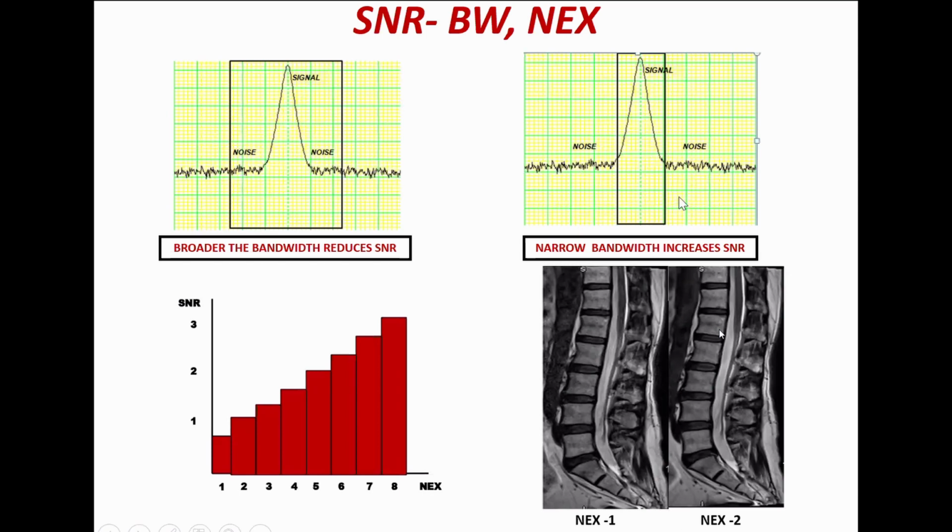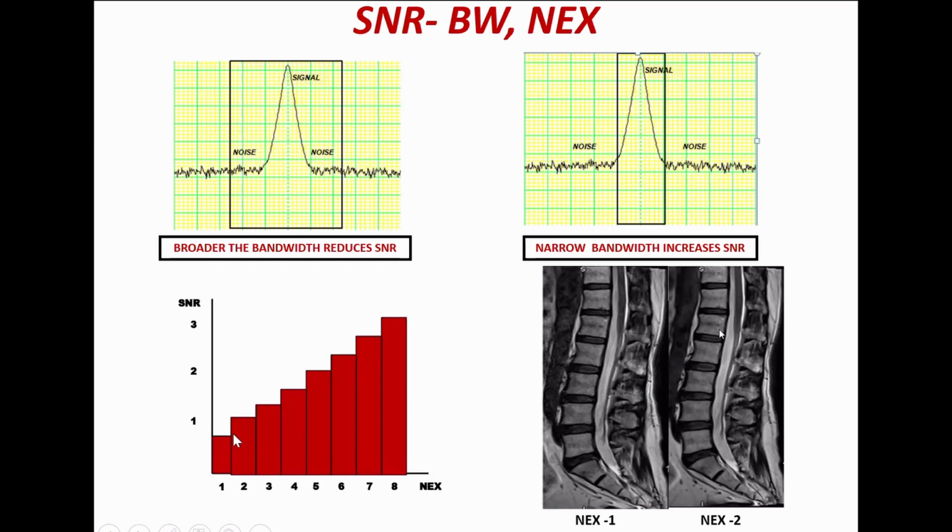So you need to have a smaller bandwidth. Whenever you're working on a system, try to choose the minimum bandwidth available, right? But when it comes to the number of excitations or the signal averages, you can see here that the SNR is directly proportional to the number of excitations.